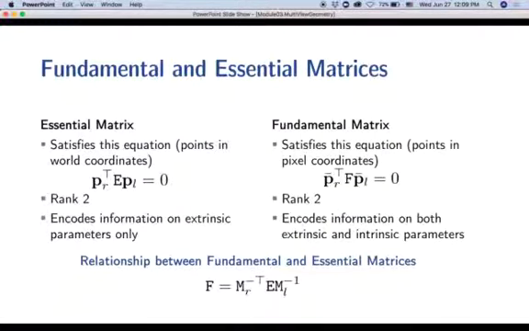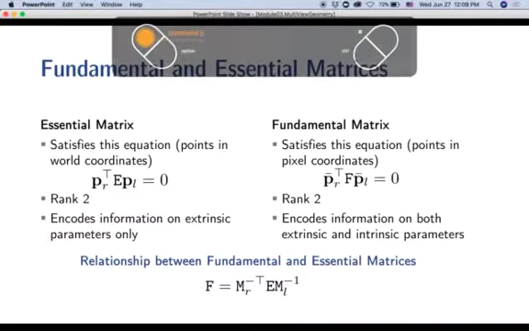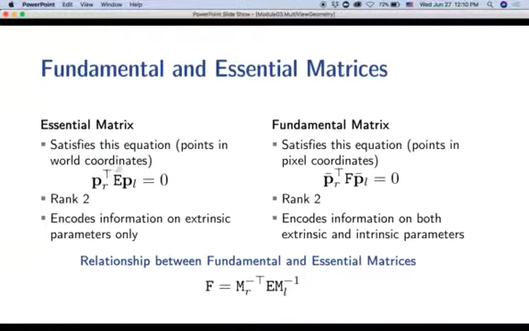Here are the two matrices which are critical for the stereo problem, and I put them side by side. The essential matrix satisfies the equation pR transpose E pL equals 0, and correspondingly the fundamental matrix satisfies the equation, in pixel coordinates, pR bar transpose F pL bar equals 0. The essential matrix is of rank 2, and the fundamental matrix is also of rank 2.